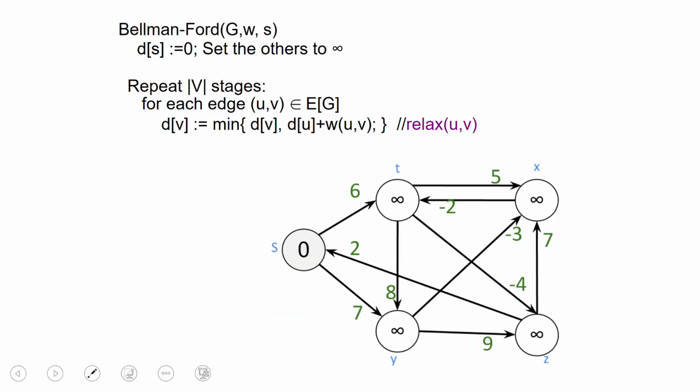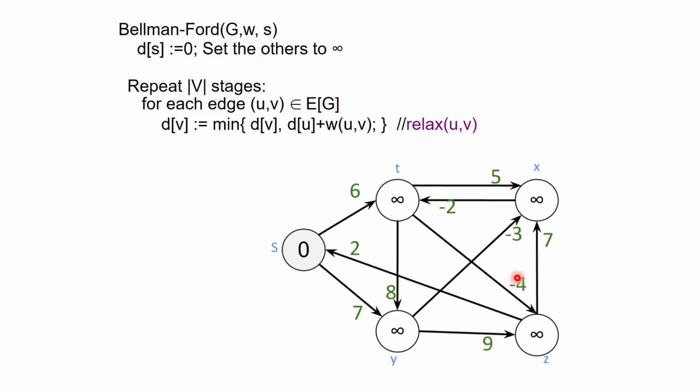Let's see an example of the algorithm. So here is a graph. The nodes are labeled S, T, X, Y, Z. There are the distances inside, 0, infinity, infinity, infinity, infinity, and there are weights. So this edge here has weight 6. And we also have negative weights, like -2 here, -4 here, and so on.